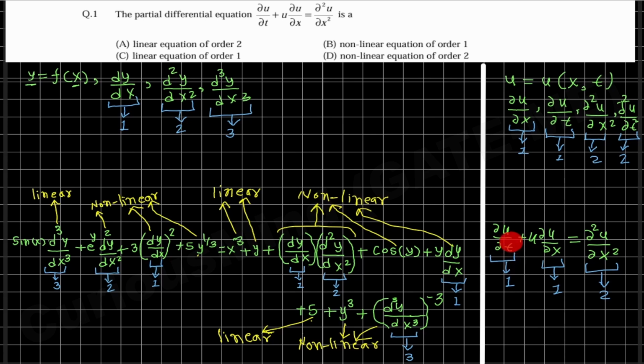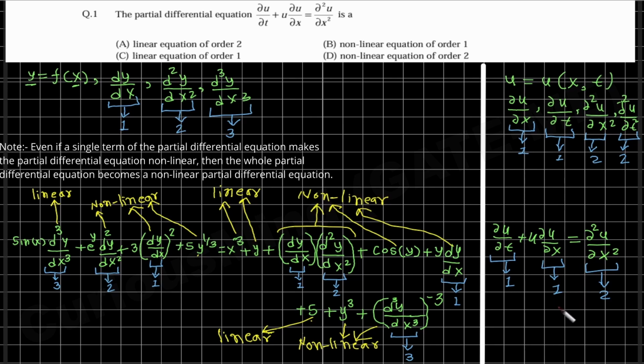We will check each term of the partial differential equation to see whether that term is making the whole partial differential equation linear or non-linear. The important thing to note here is that if one term of the partial differential equation makes the whole partial differential equation non-linear, then the partial differential equation becomes a non-linear partial differential equation.